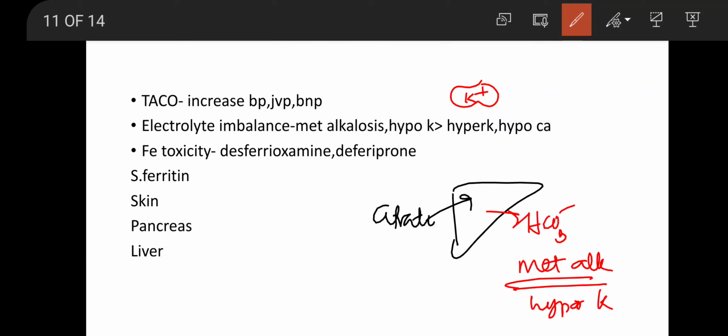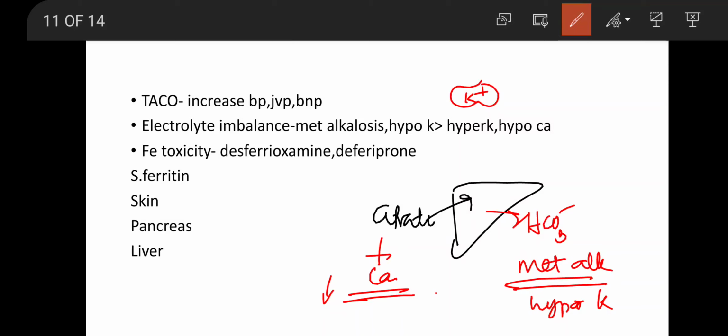Hypocalcemia occurs because citrate will bind with the calcium, so calcium will decrease. There can be manifestations of tetany. So after blood transfusion, the patient complains of numbness. Iron toxicity can occur because of iron overload.